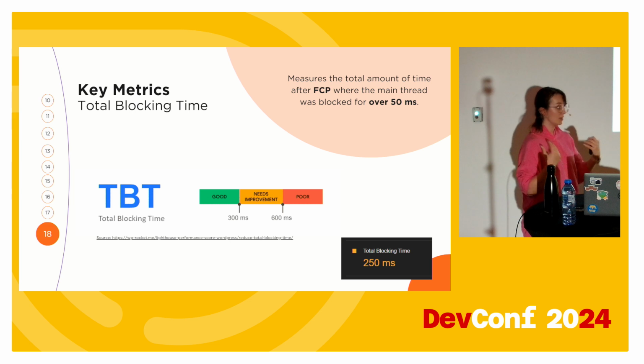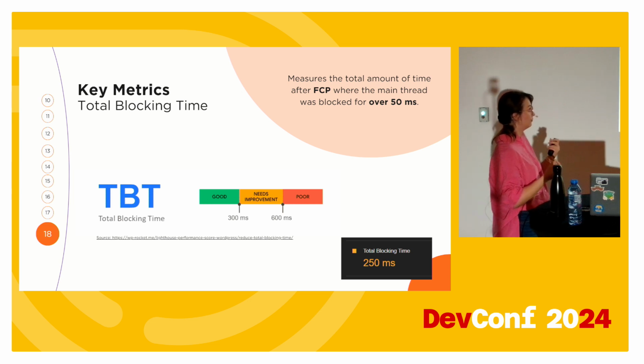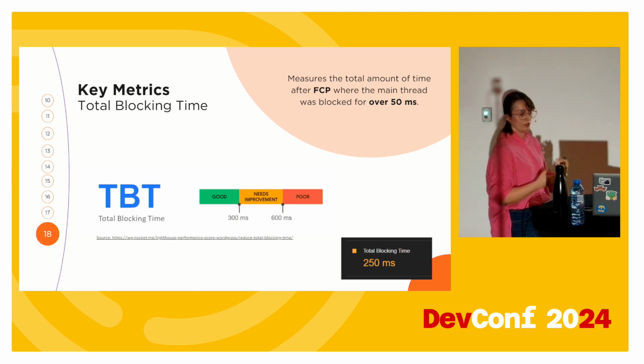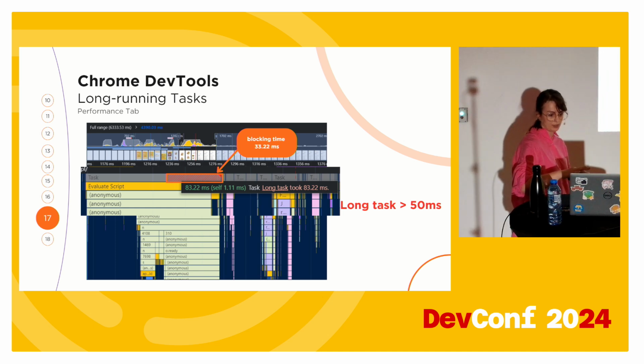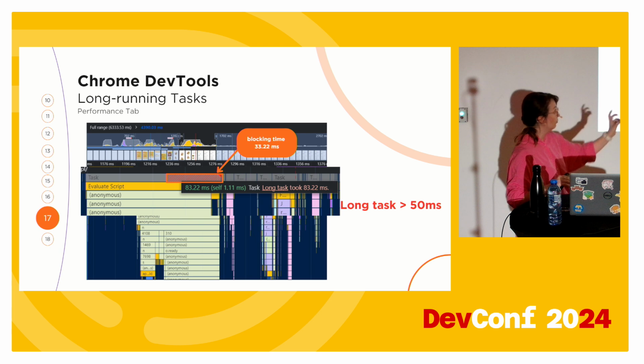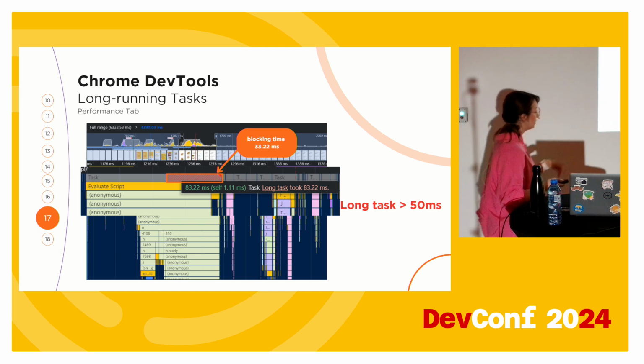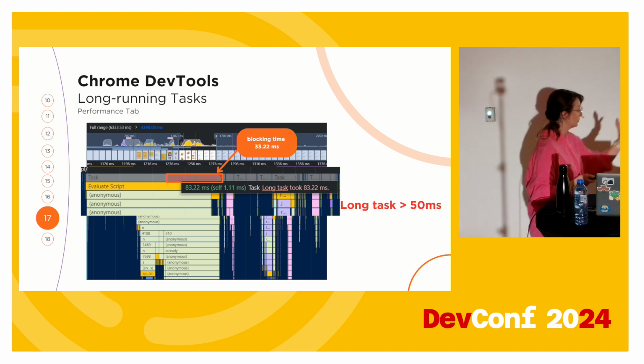So it sums every task over 50 milliseconds, but takes only the amount above the 50 milliseconds. Like this, we had a task that takes 83 milliseconds, but blocking time was only 33. So this is the important part.